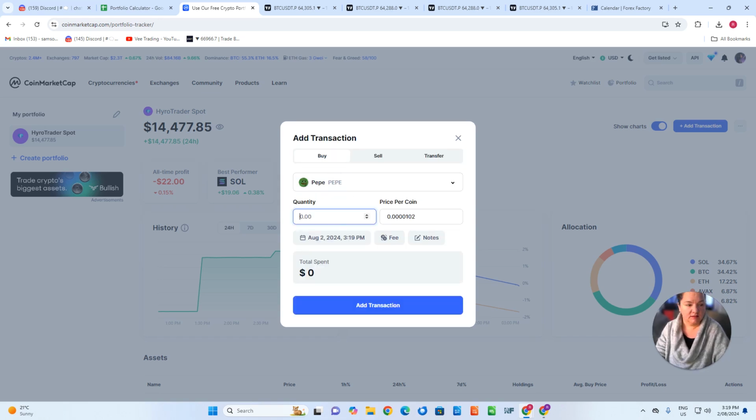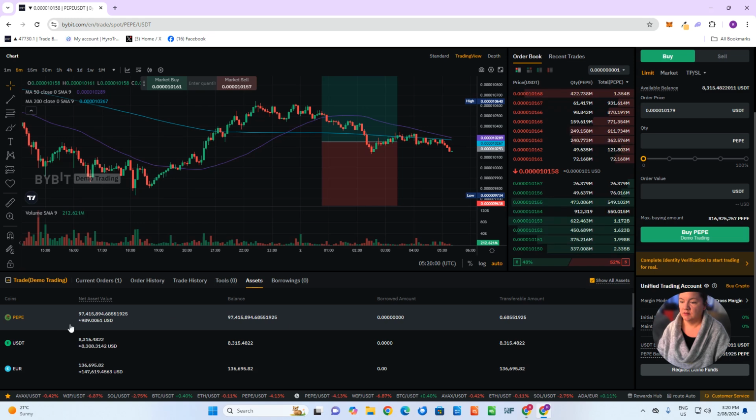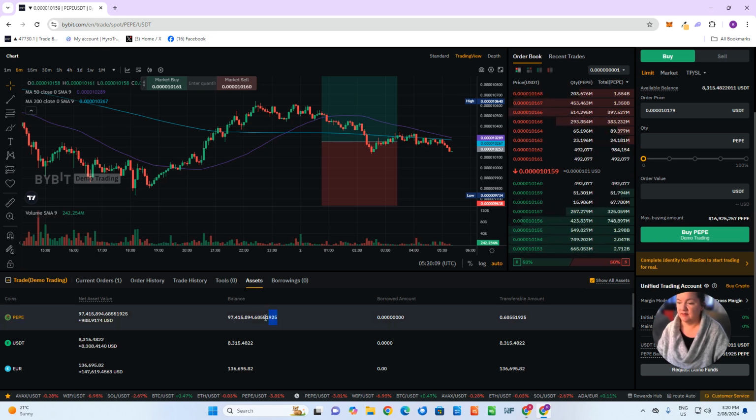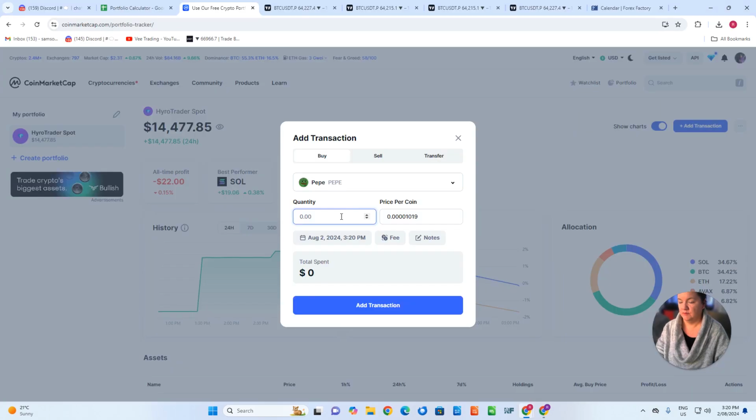The quantity is the amount that you'll find under your final assets. If you go into Bybit, you go to assets. The number you want to input is what you'll find under assets, because that's the final amount that you're going to get after your fees. So I'm just going to copy this. Cool. And we got PayPay. Paste it there.